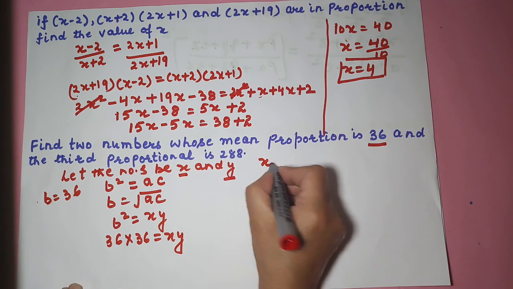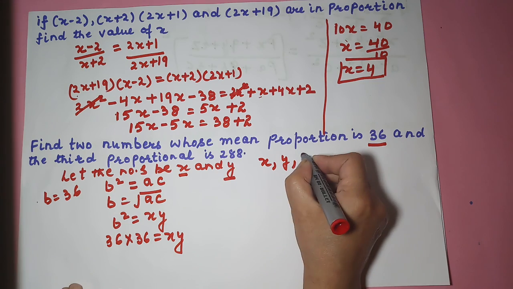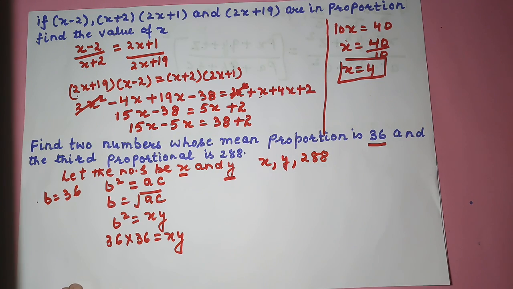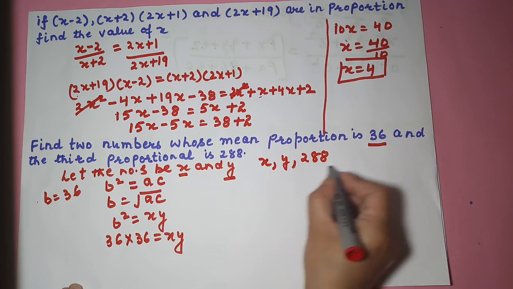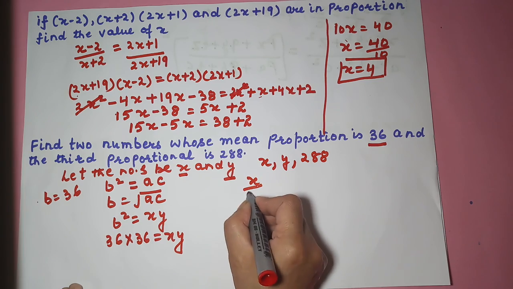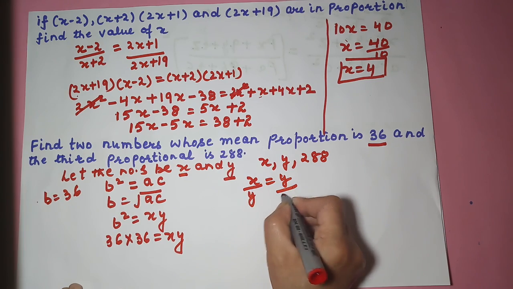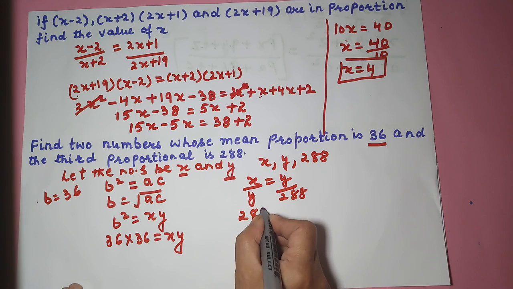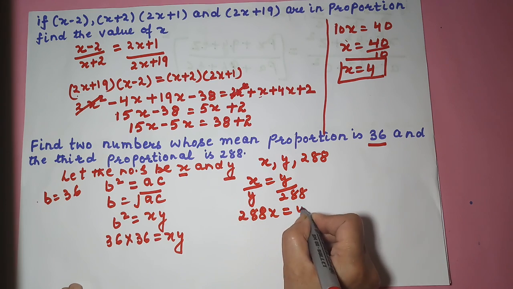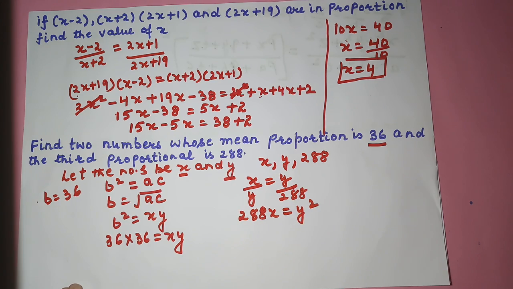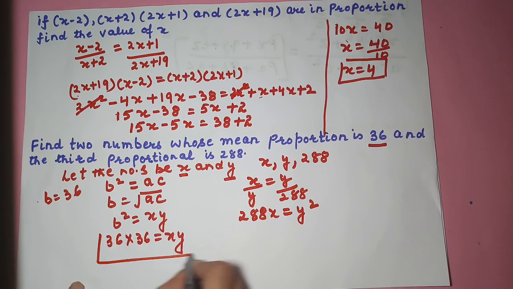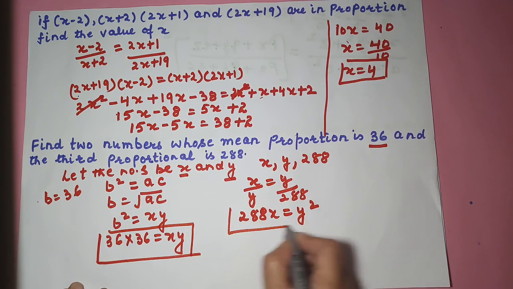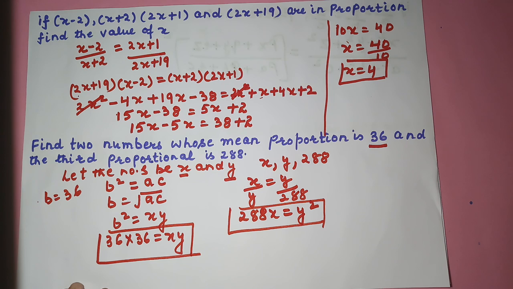That means that if we have x, y, then 288 will be the third proportion. And how do we set the proportion between them? x upon y is equal to y upon 288. We know this. So we will get 288x by cross multiplying equal to y square. Right? Now, using these two equations, we'll find the values of x and y.